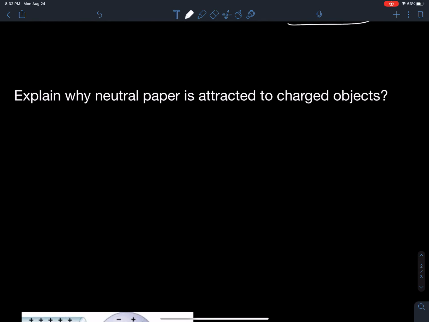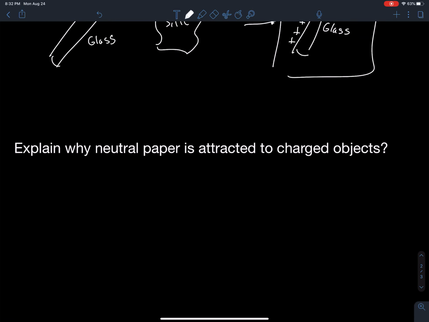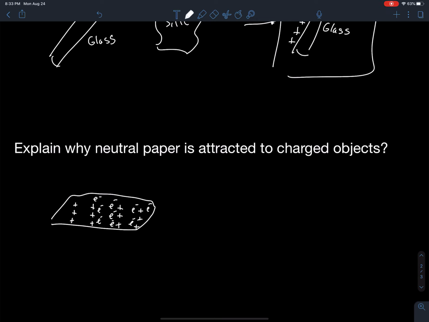So explain why neutral paper becomes attracted to charged objects. Well, neutral paper has an equal number of protons and electrons. Electrons are all around those protons. For every proton I have an equal number of electrons, which means that the paper is neutral. From your reading, you would have learned about the charge-carrying electrons and protons.